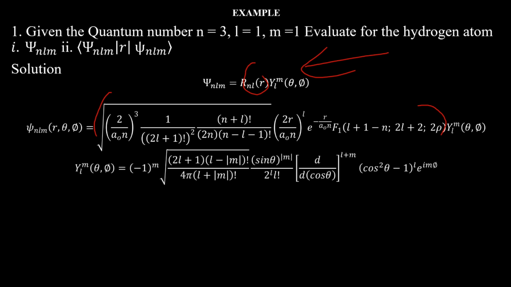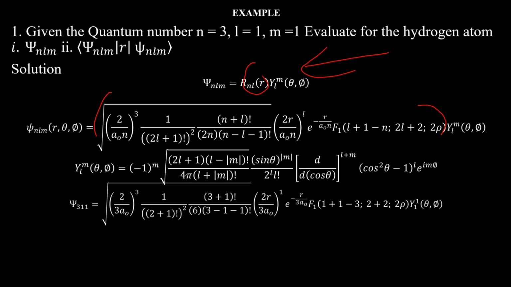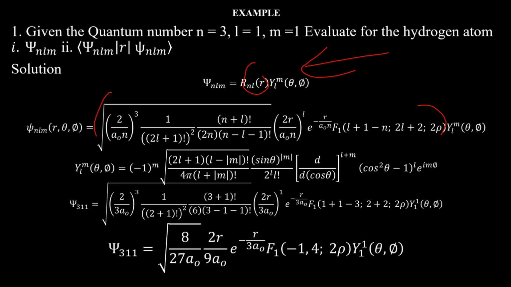We are just going to substitute for n, l, and m, and we have this expression after substituting. If we compress this, we have this expression for the wave function with quantum numbers 3, 1, and 1. Now we are going to expand this part, and we're also going to expand this hypergeometric function.